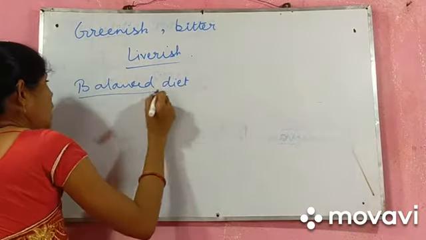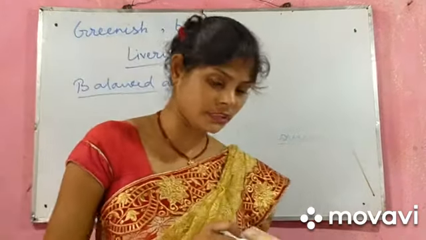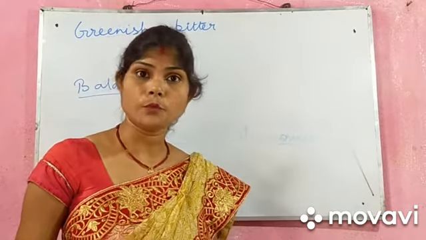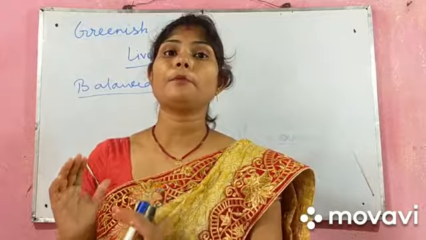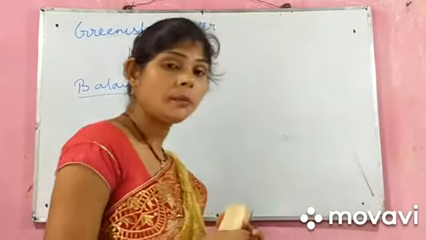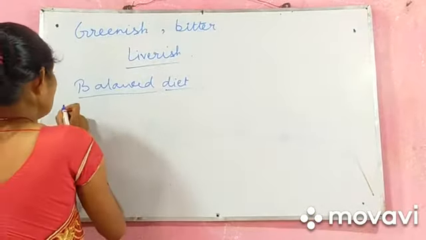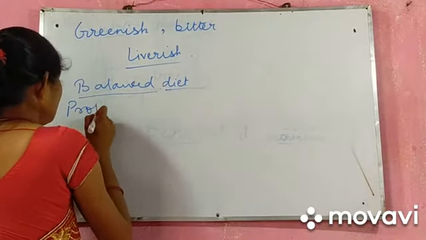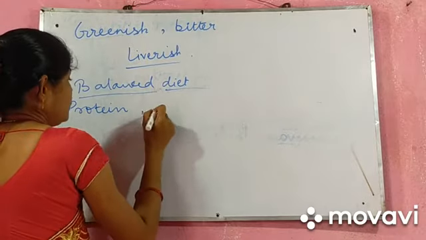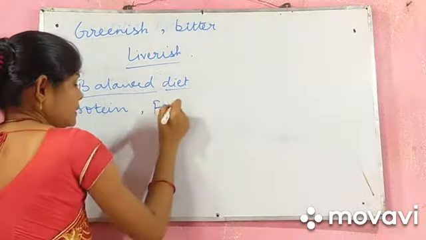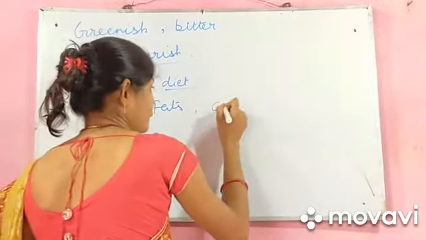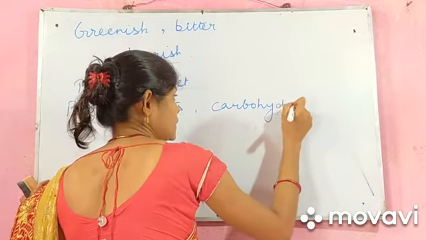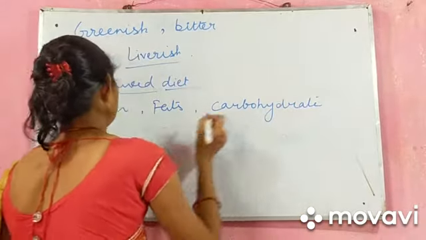Balanced diet is a chart, or a process in which whatever food we eat should be in an appropriate amount and in a routine way, that we have to take proteins daily, fats, and carbohydrates, so that we don't suffer from any type of malnutrition.